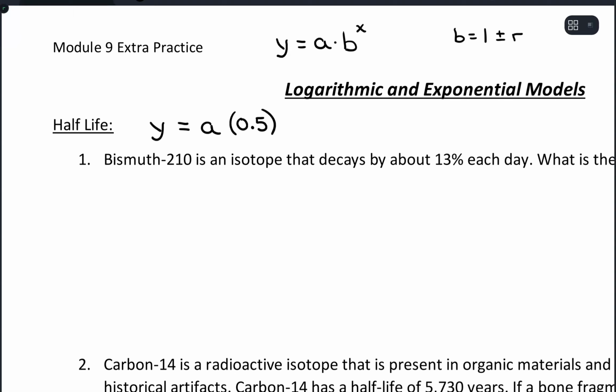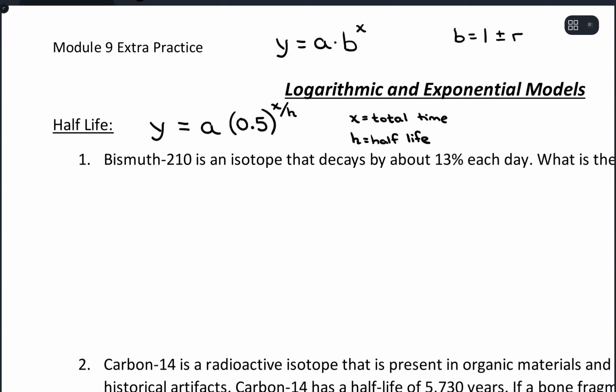And for the exponent, we use x over h, where x is the amount of time that has passed. In fact, let me write that. x is the total time, and h is the half-life time.